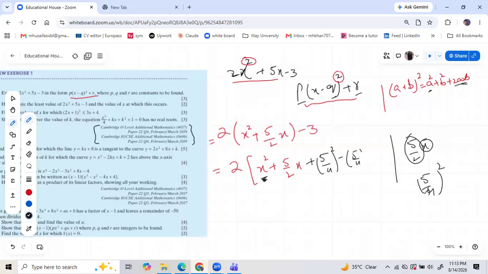Again, I'm repeating for your better understanding how we know that we can add and subtract this term with the help of this. x is our first term, so our formula is what? 2ab. So 2 is as it is, a is our x, and b is basically 5 over 4.